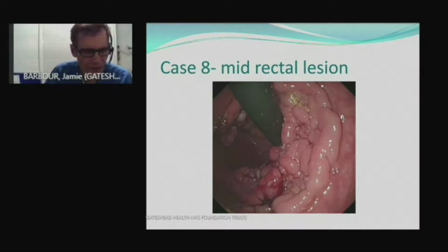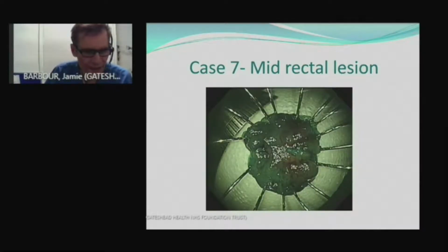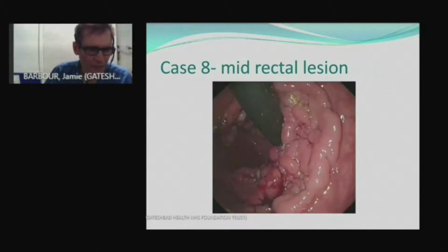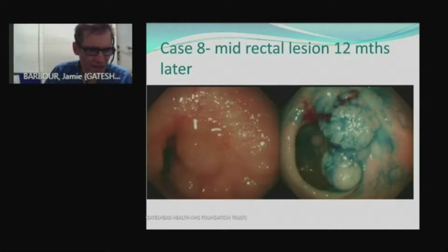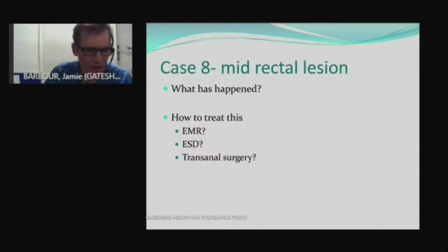This is a big rectal lesion, and it's a, well, what do you make of it? And this is the same lesion after treatment, after therapy, 12 months later. So what's happened, and how do you treat that?